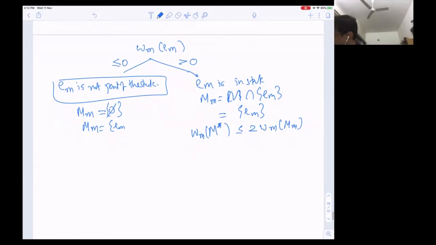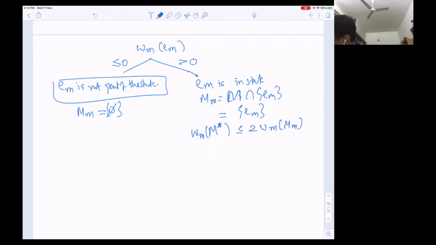But here I know that all the weights are negative. So if this is less than or equal to 0, Em is not part of the stack. So Mm is always empty here, right? Because this is not part of the stack, so how can my matching even contain this edge?